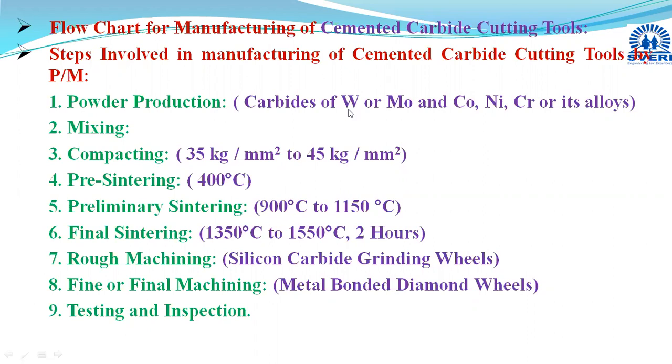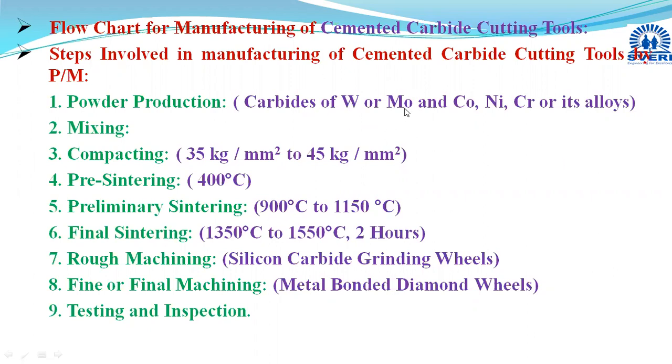We use chemical processes for manufacturing these powders, in which we reduce their respective oxide compounds, tungsten oxide or molybdenum oxide. Tungsten is obtained by reduction of tungsten oxide using carbon or hydrogen in a reducing atmosphere.